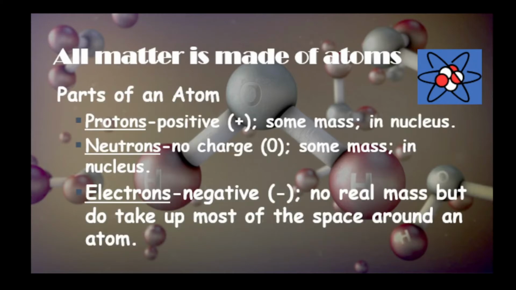These are the parts of the structure of an atom, wherein the protons are the positively charged particles, and some have mass, in the nucleus. We also have neutrons. They have no charge. Some have mass and are located in the nucleus. So don't forget, let me emphasize, that neutrons and protons are located inside the nucleus.